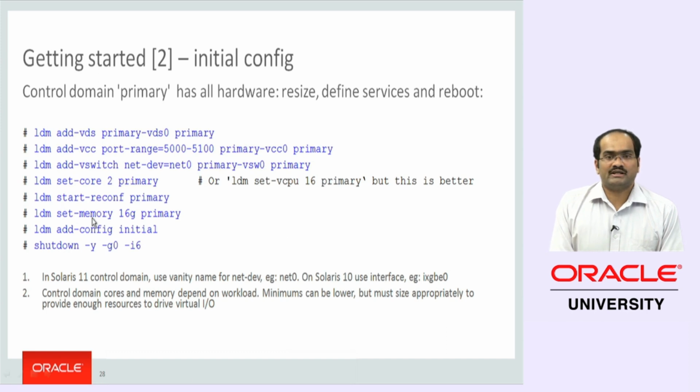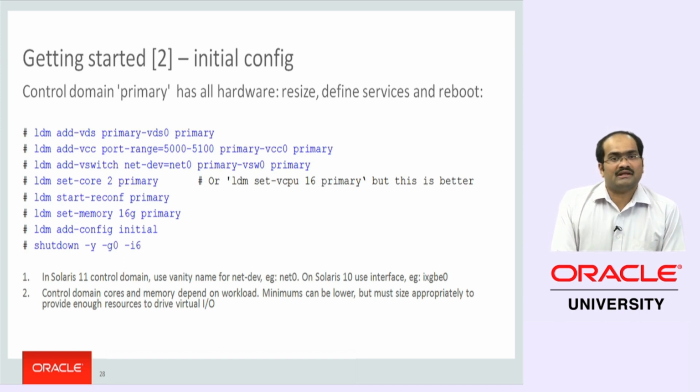Once you set the memory and the number of cores or CPUs, you save the configuration. Saving the configuration is a mandatory step here, otherwise there is a risk of losing it. It is recommended to save the configuration every time you make changes. So I save this configuration with ldm add-config, giving the configuration the name initial, and later I reboot the primary domain.